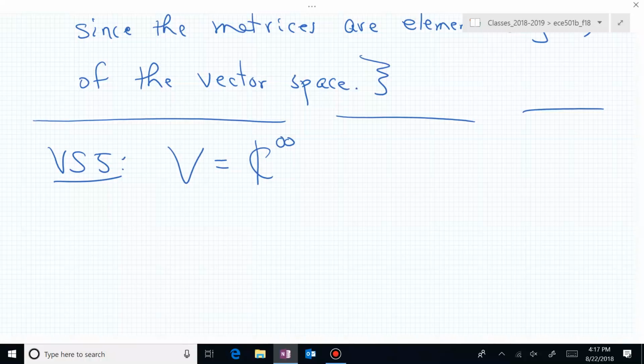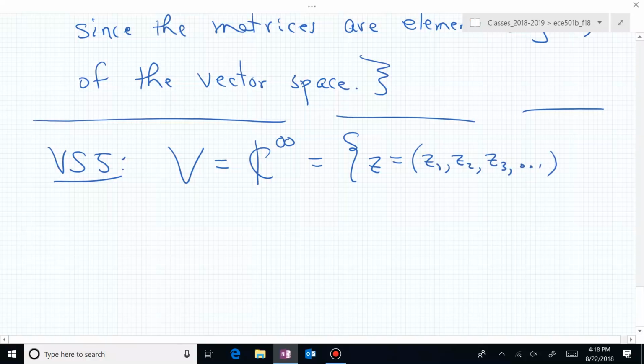What in the world is that? Well, here we're saying that that's a vector z that has elements or coordinates z sub 1, z sub 2, z sub 3, and it just keeps going. It's an infinitely long vector.